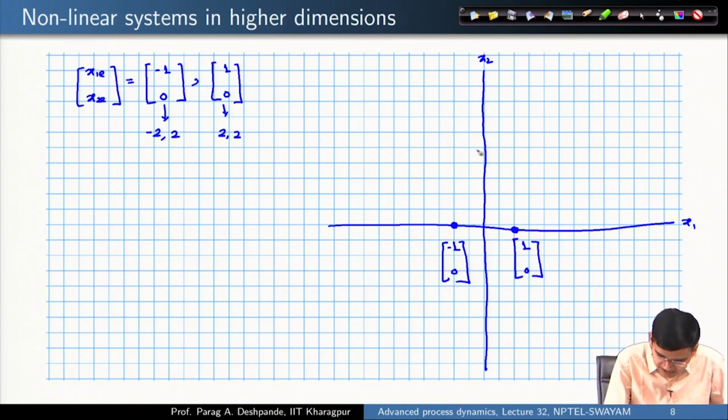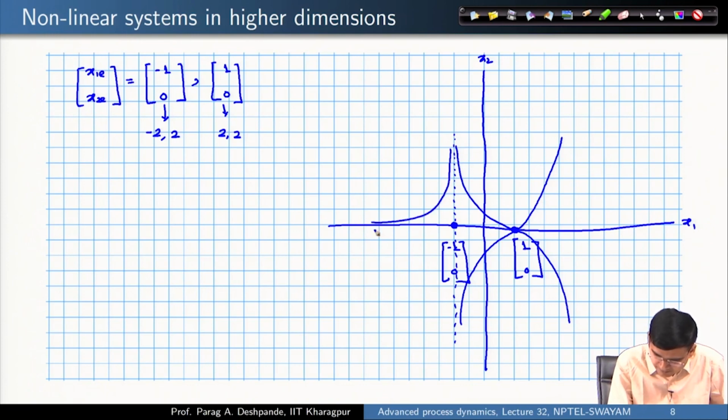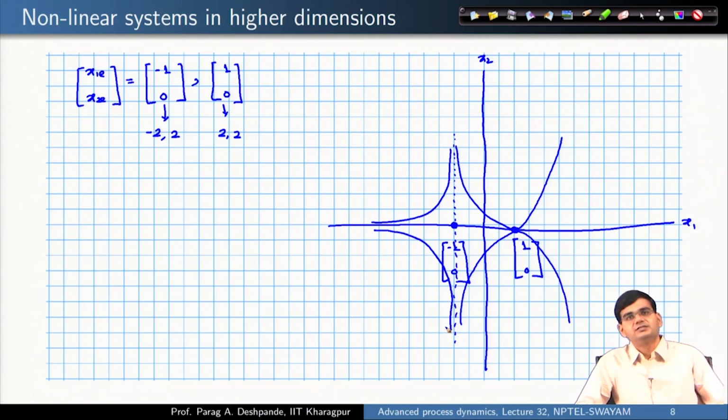Let me see, can I draw this? What if I drew curves like this.